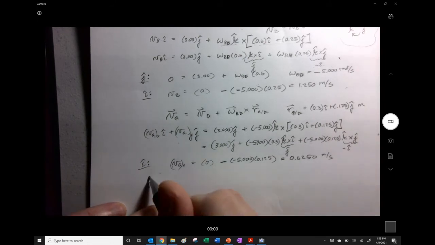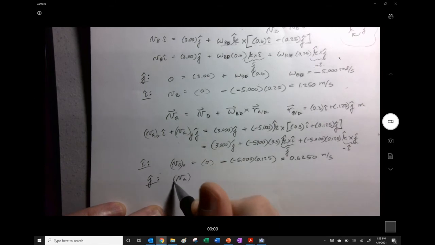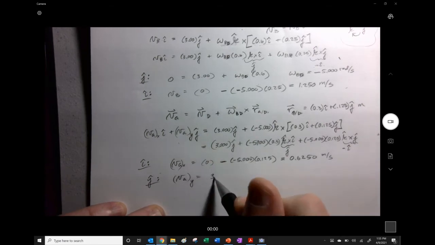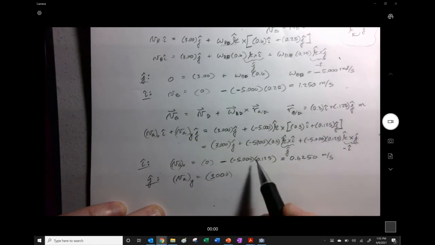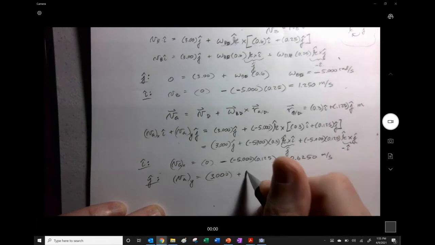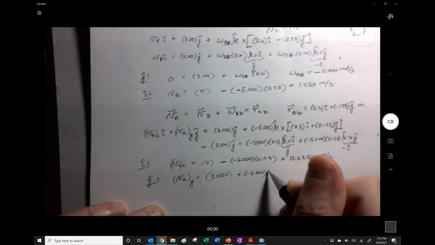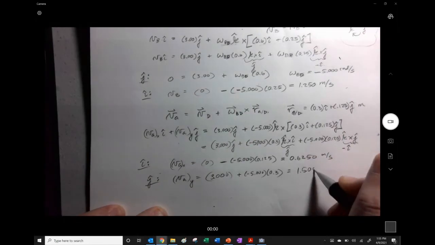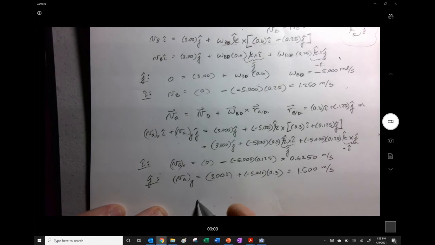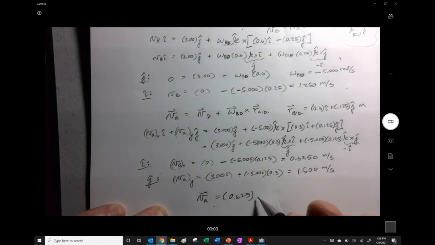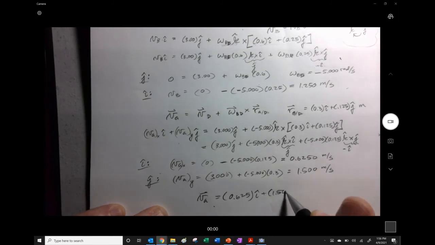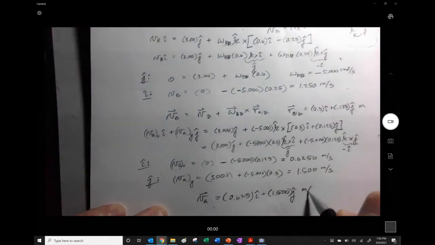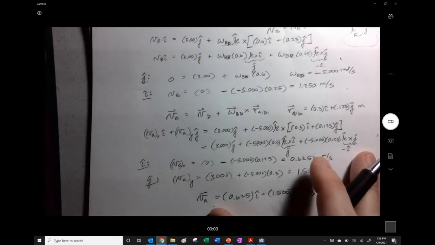And then in the J direction, we get 3 plus, but here we're going to have a negative 5 and a 0.3, so we get a 1.5, which is the same thing that we got in the other one, as we'd expect. But that would be the vector math approach to this.